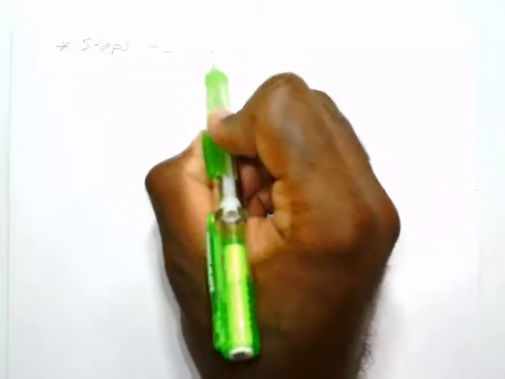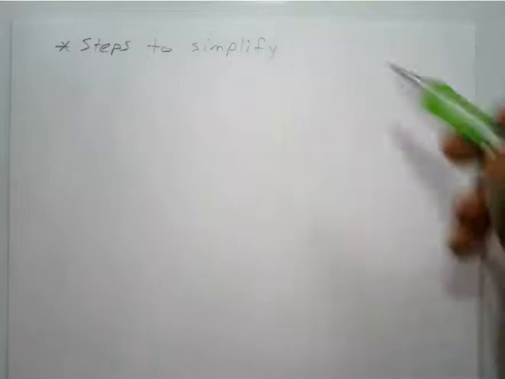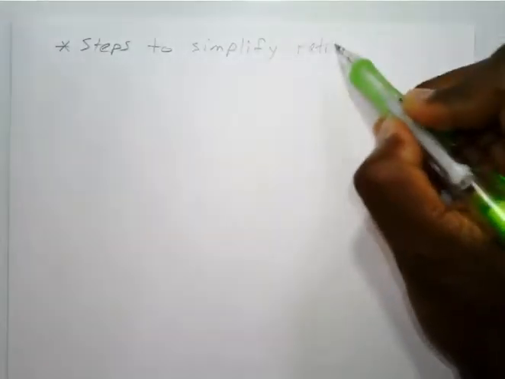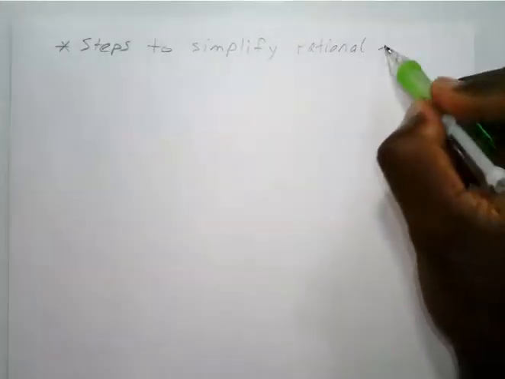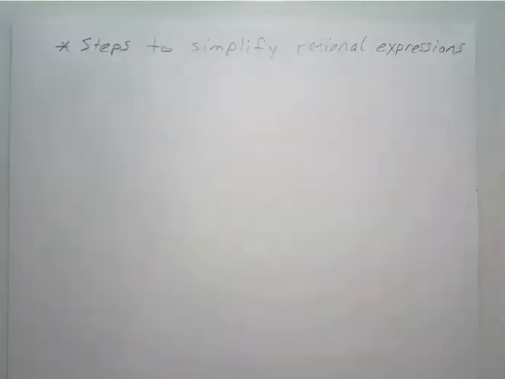Okay, so we're going to go over our steps to simplify rational expressions. It's just 2 steps, so it's not like it's a big lengthy process. The first thing you want to do is completely factor your numerator and denominator.